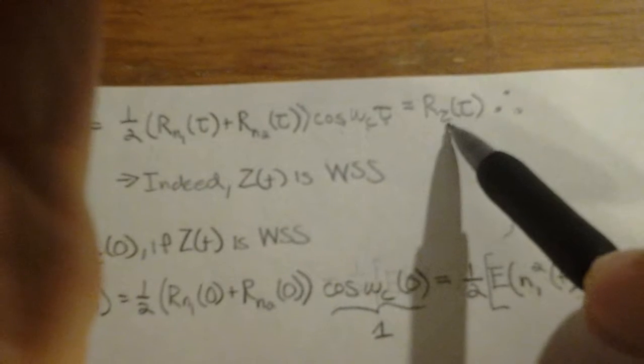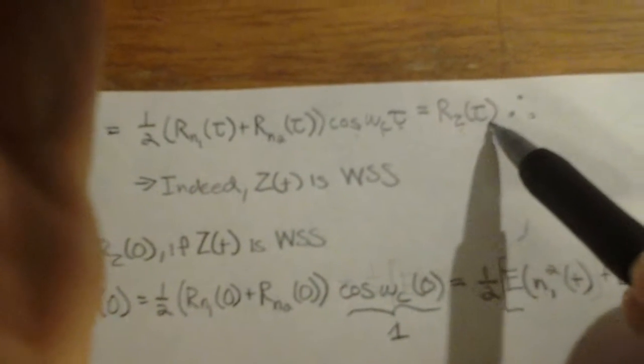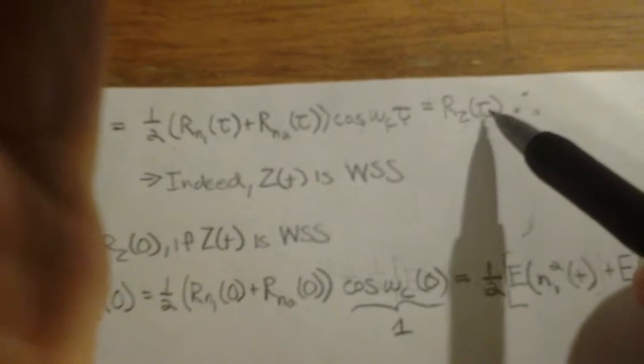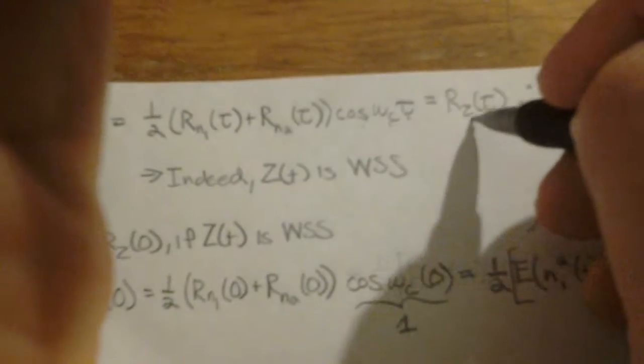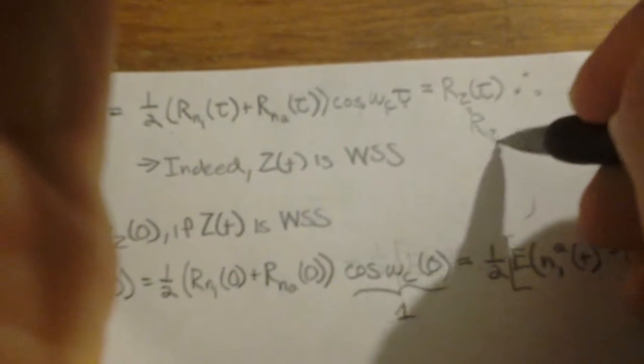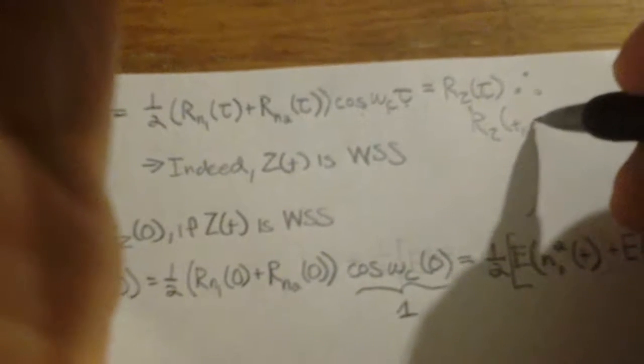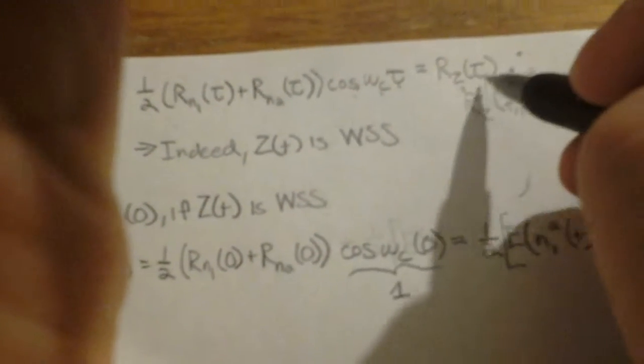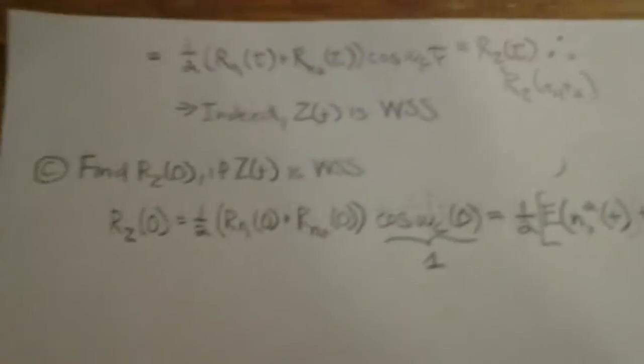And that's going to be what our R_Z is in terms of the two terms, T1 and T2, which we designate here as just the difference. We could equally have written this R_Z of T1, T2, but we just designated it accordingly. And as we can see, the actual function is definitely WSS.